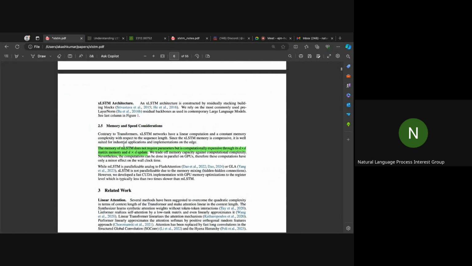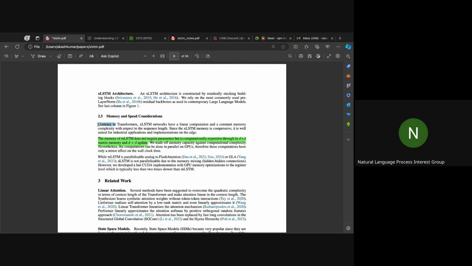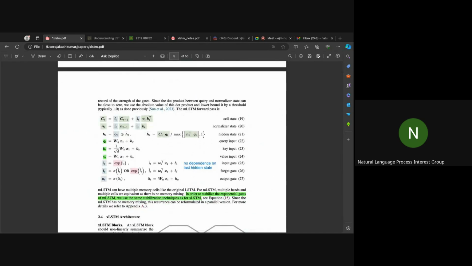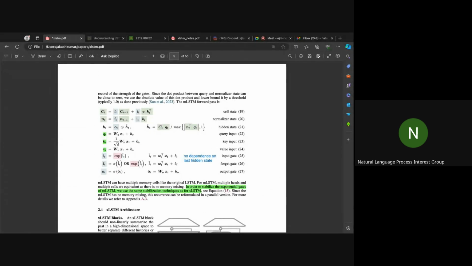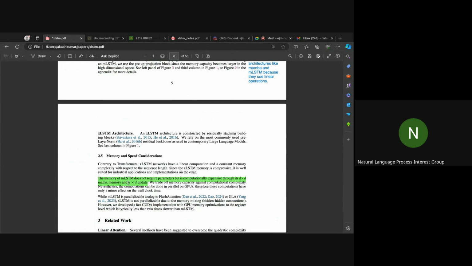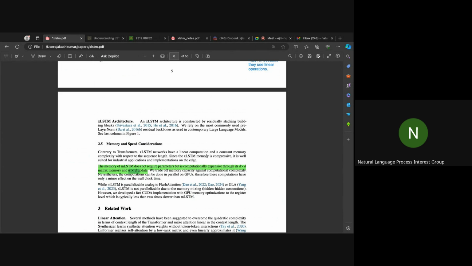What are the memory and speed considerations? Contrary to transformers, the xLSTM networks have a linear computation and a constant memory complexity. Why is there a constant memory complexity? Because all the operations here are in the dimensionality space, so the maximum memory used is d cross d. Unlike the transformer models, where the memory required is n cross n, the sequence length.